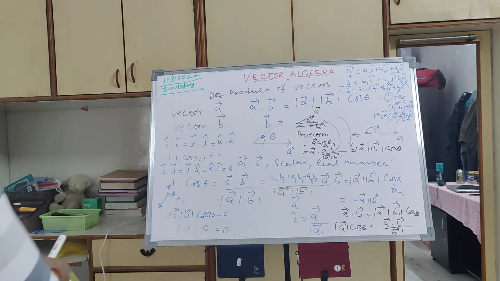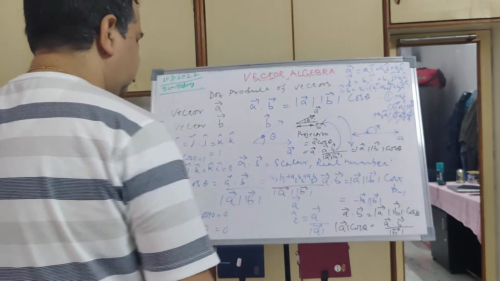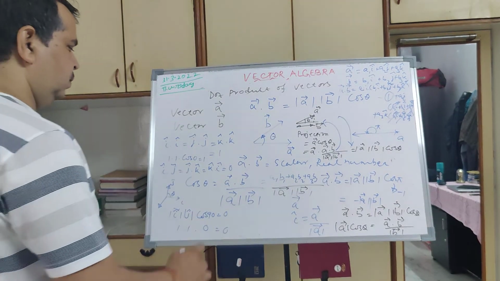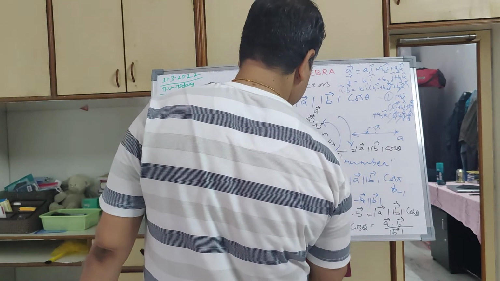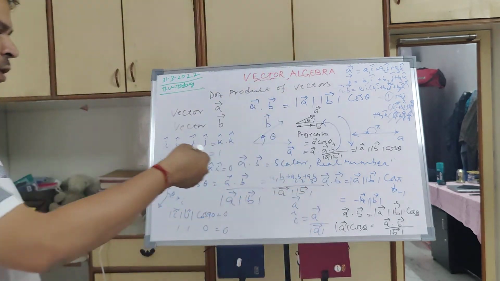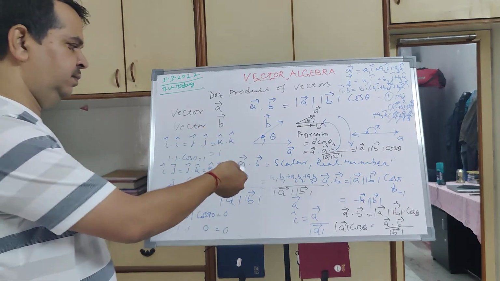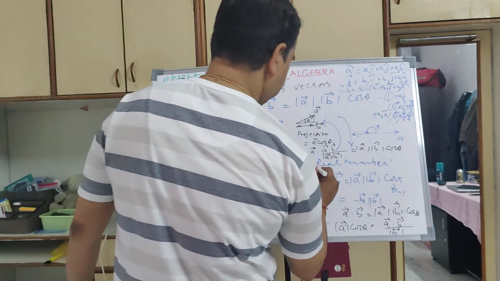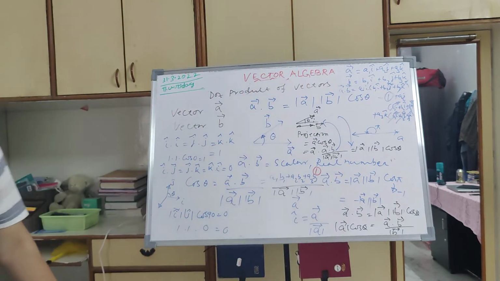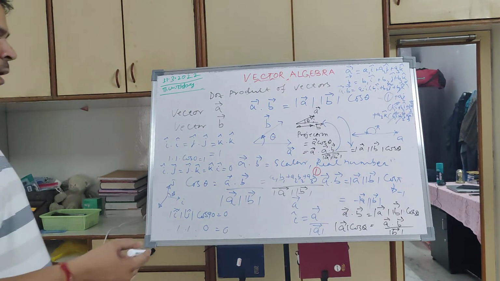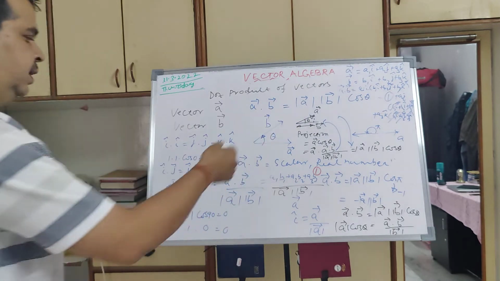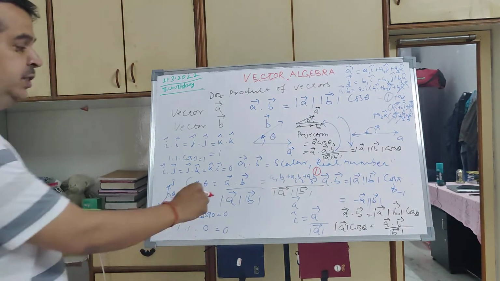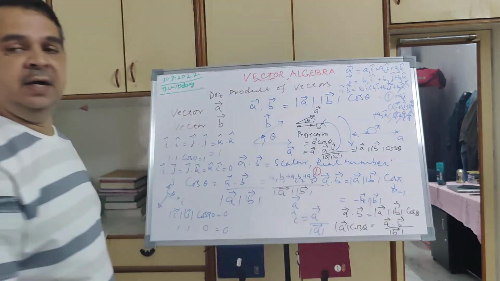So what are the important things to remember in a dot product? One is the angle: A1 B1 plus A2 B2 plus A3 B3 by magnitude of A into magnitude of B is equal to cos theta. This is one important formula to remember, to find the angle between these two. Then, without knowing the angle, how to find the projection?